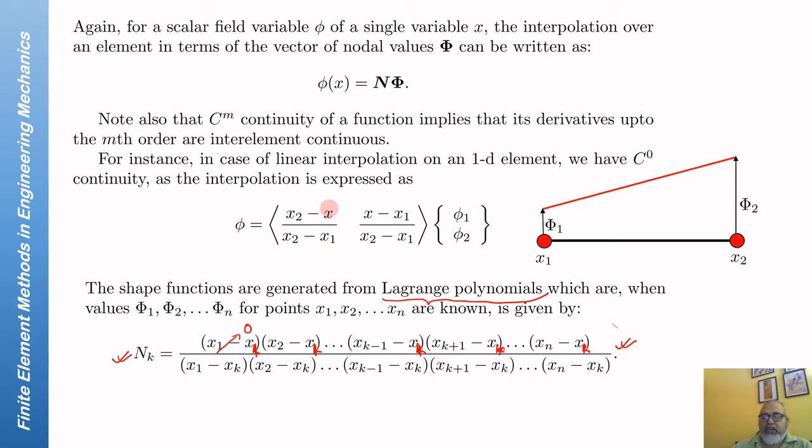So these are generated right away from the Lagrange polynomial. So this is one way in which you can generate shape functions, directly through Lagrange polynomials.